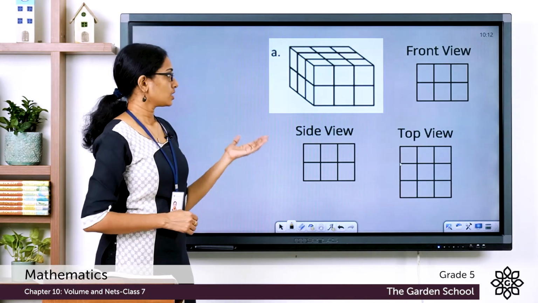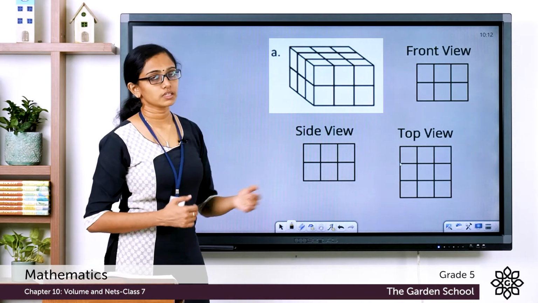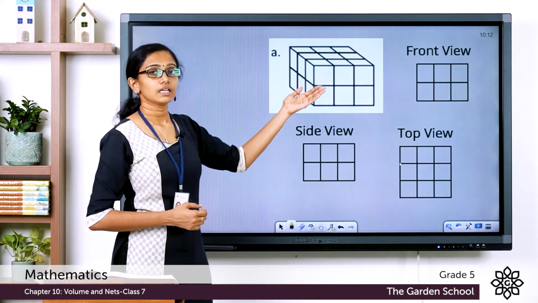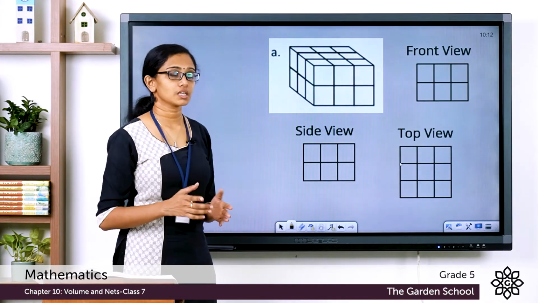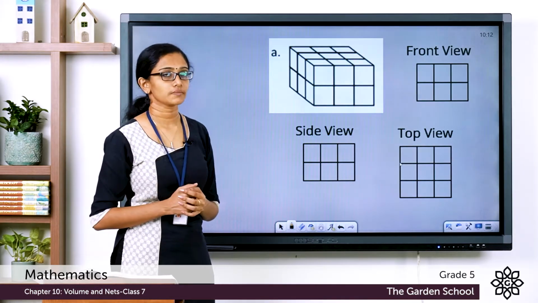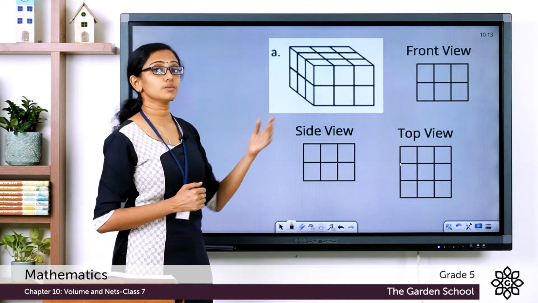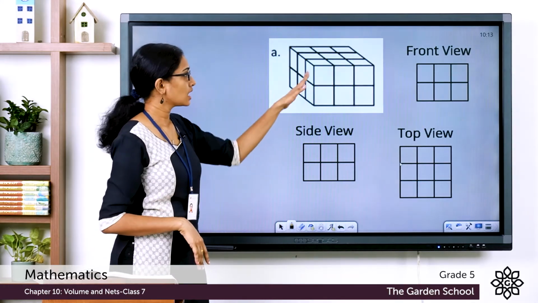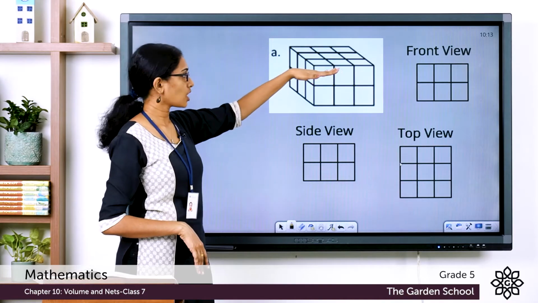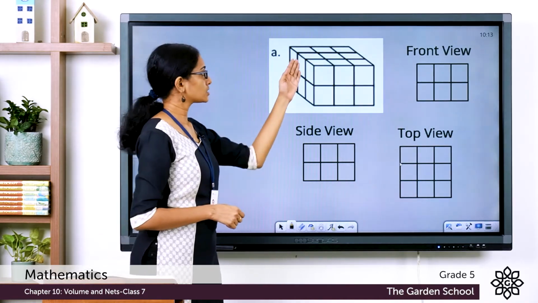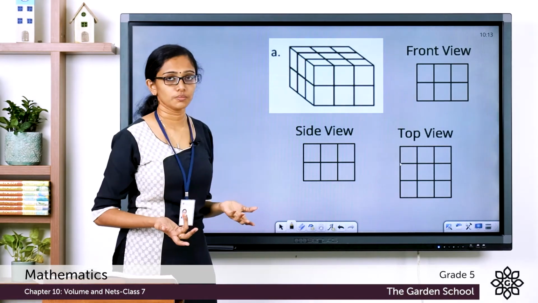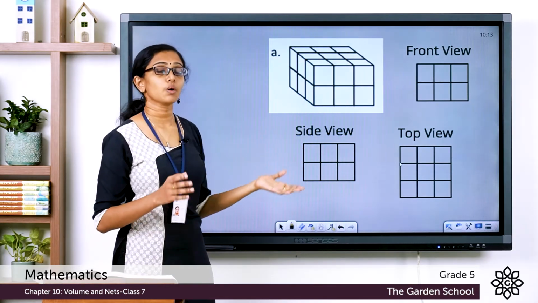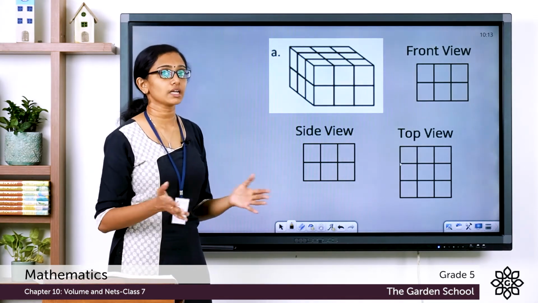Now, you have to find out the volume of this arrangement of cubes. We have seen the volume of a unit cube is equal to 1 cubic unit. So here, how many cubes are there? See, here the cubes are arranged in 2 layers. At the topmost layer, you can see a total of 9 cubes. So the volume of the top layer will be 9 times 1 cubic unit, that is 9 cubic units.